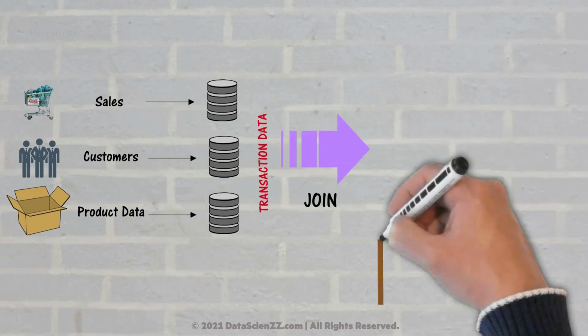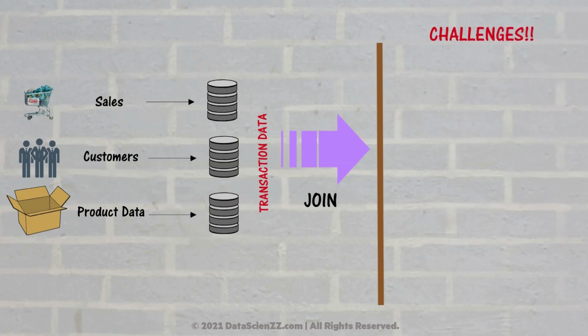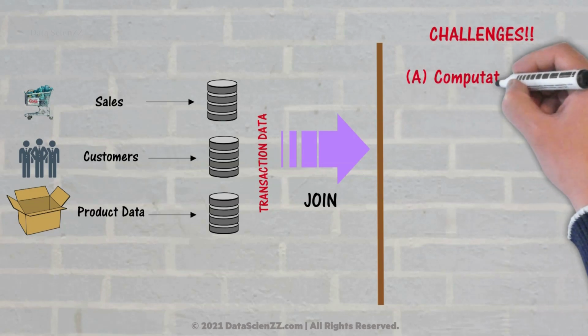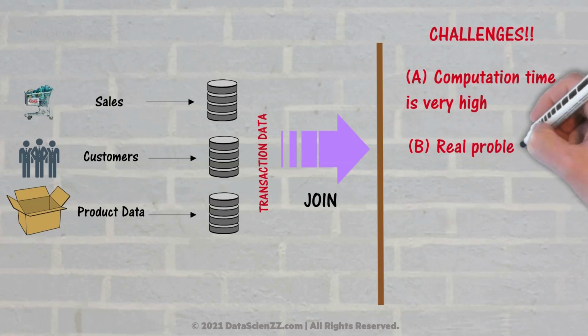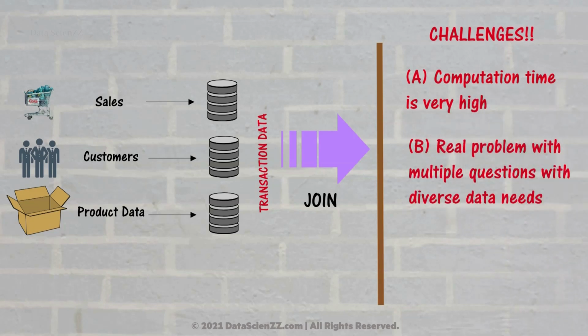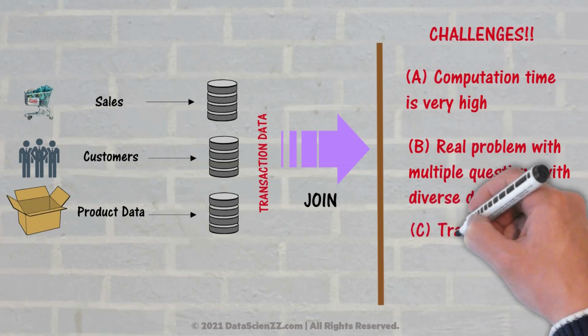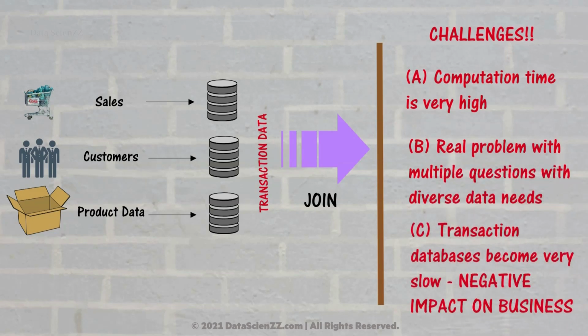Now, there are some problems with this approach. First, when you want to join the multiple transaction data tables, the computation time is very high. Further, it cannot help if you have multiple such queries. Second, as you run your commands, your transaction database itself may become very slow and create performance challenges.